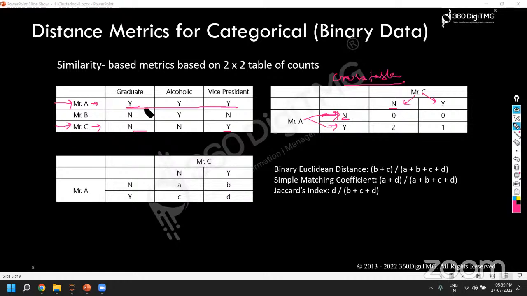If you observe, A does not have even a single value which is n. It's not repeating at least once. So you're going to mark that as 0 here. Similarly, with respect to the value where A is n and C is yes, if we try to find out, that will also be 0 because A does not have even once the value n.